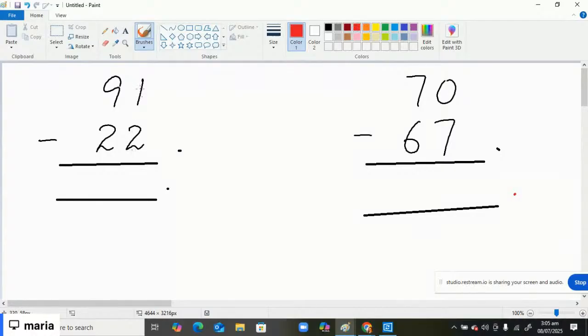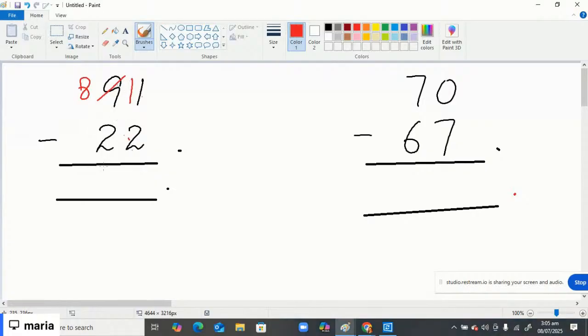So 1 out of 2 is not possible. So what we do, we take a borrow from the 9. So 9 becomes 8 and this 1 becomes 11. We take only one from the 9, so this 1 is not becoming 2, it becomes 11.